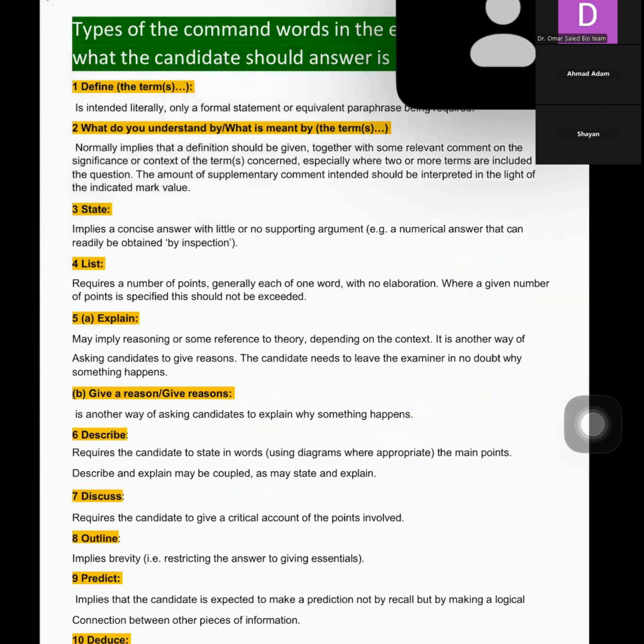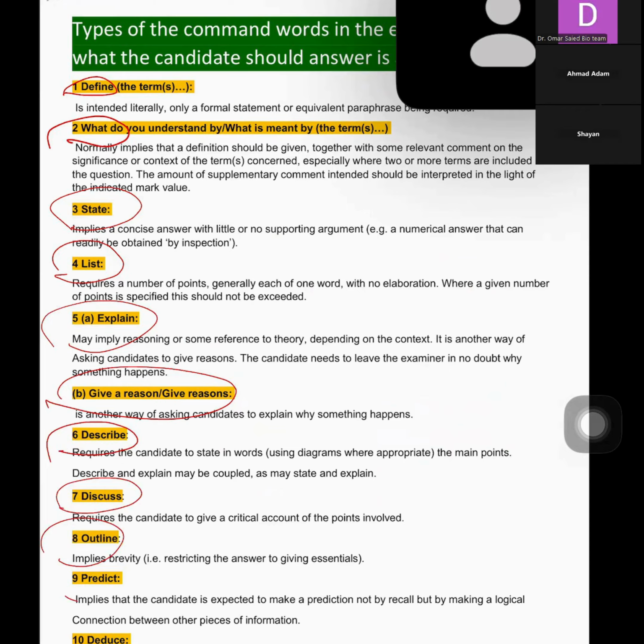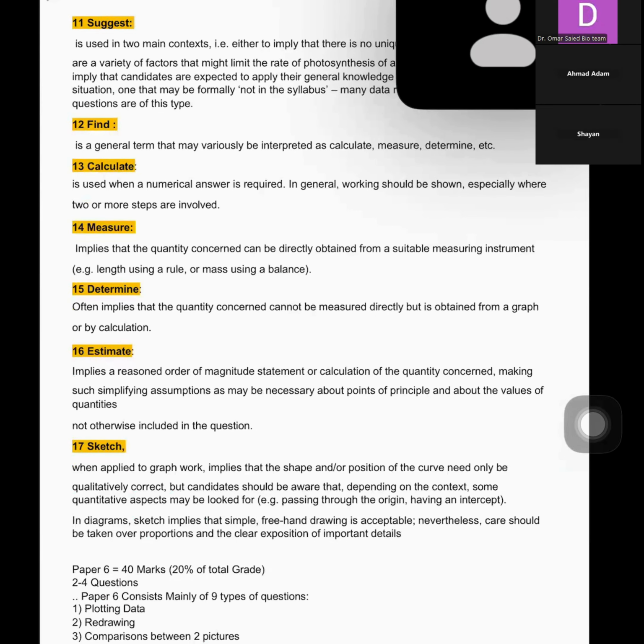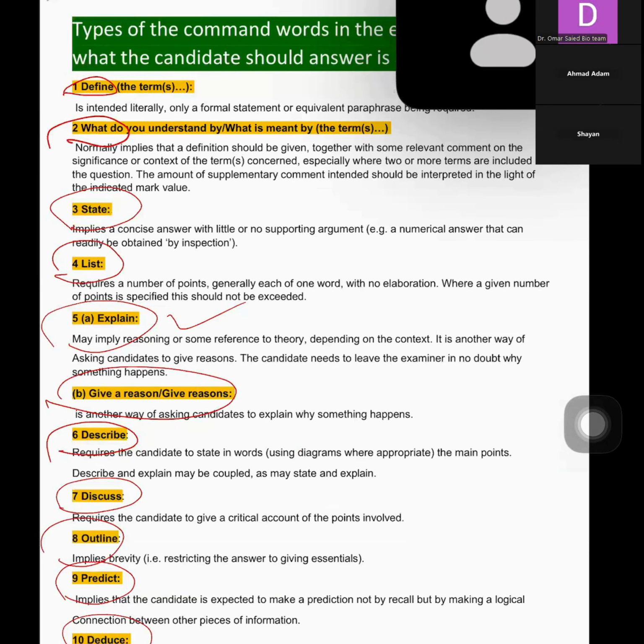Before we go into paper 6, you have to understand some command words. We will go into three: explain, describe and sketch. When he asks you to explain, this means that you are giving a reason for the results that have been given to you.